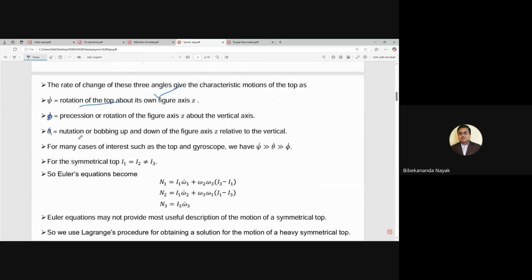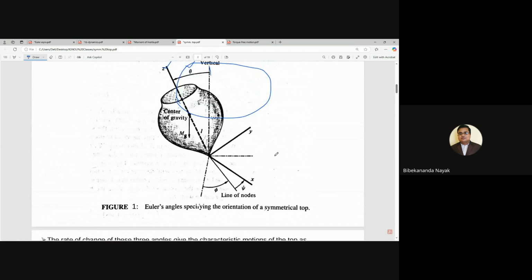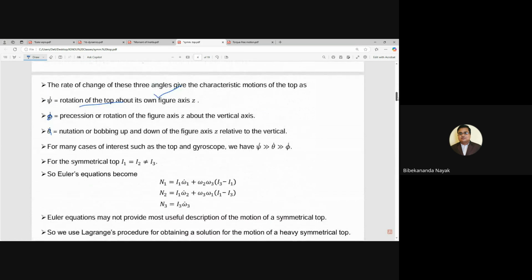And theta dot is nutation, bobbing up and down of the figure z relative to the vertical. The figure axis may slightly bob up and down with angle theta. That motion is known as nutation.